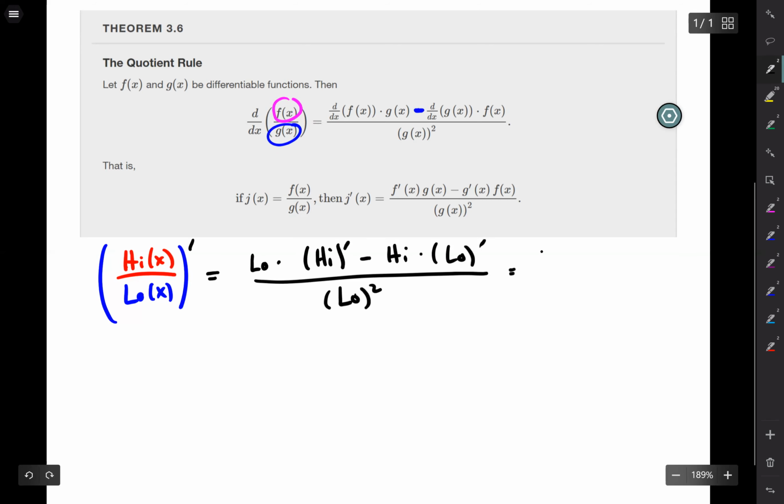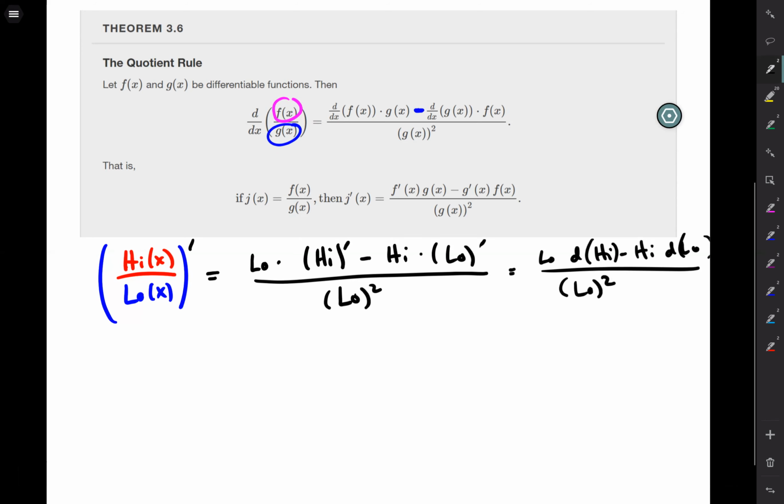So again, that's low d high minus high d low all over the square of the thing below. Okay, so all over low squared.